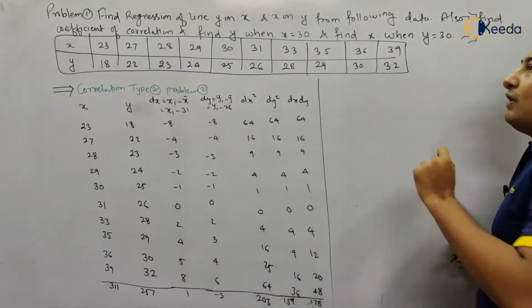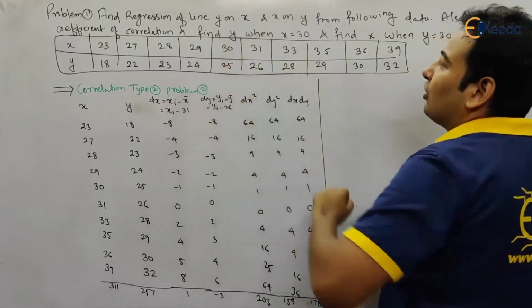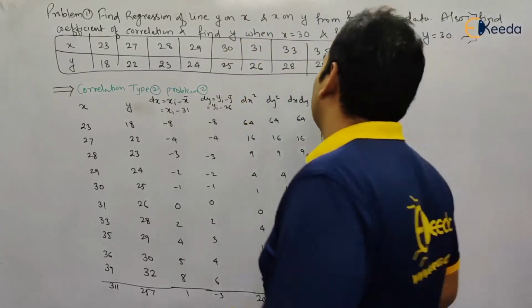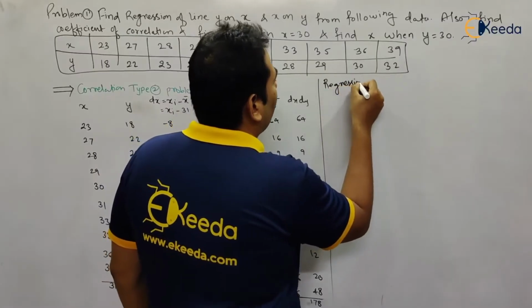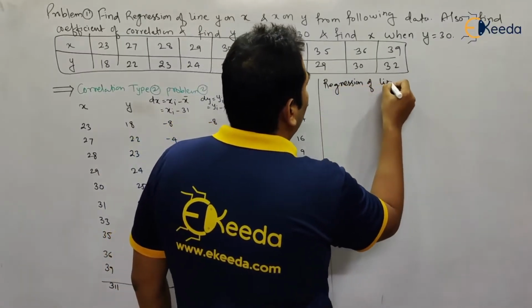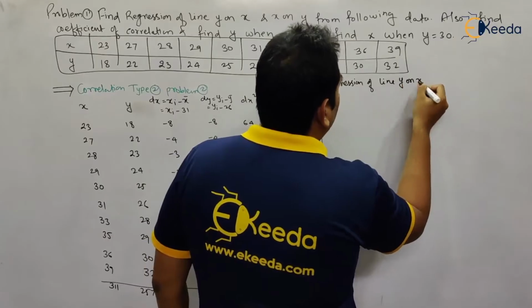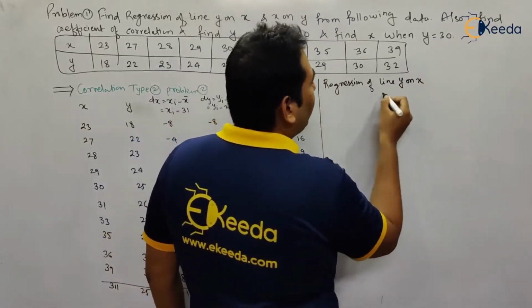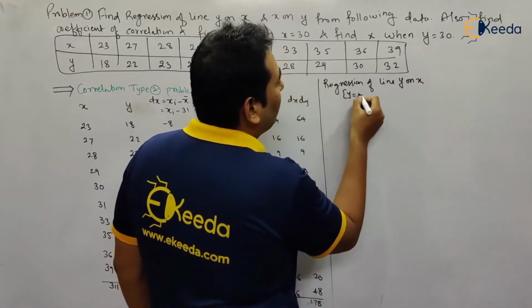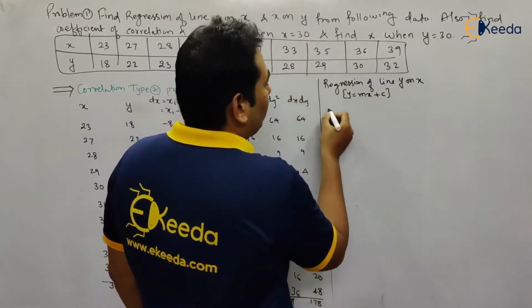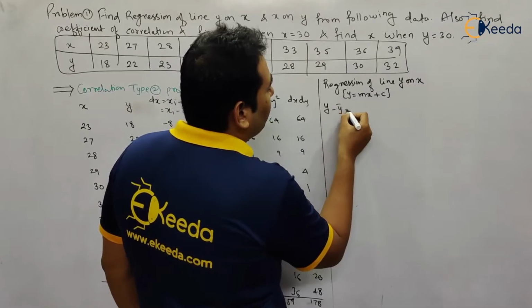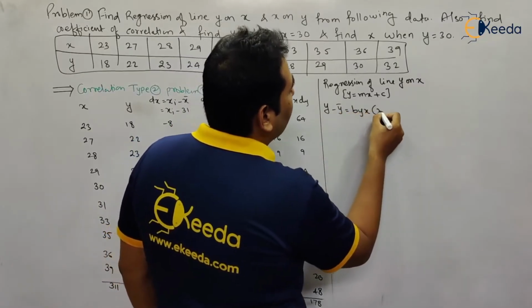Let us move on. First of all, we need to find the regression line of y on x and x on y from the following data. The regression line y on x should be in the format y equals mx plus c, so y minus y bar equals byx times (x minus x bar).